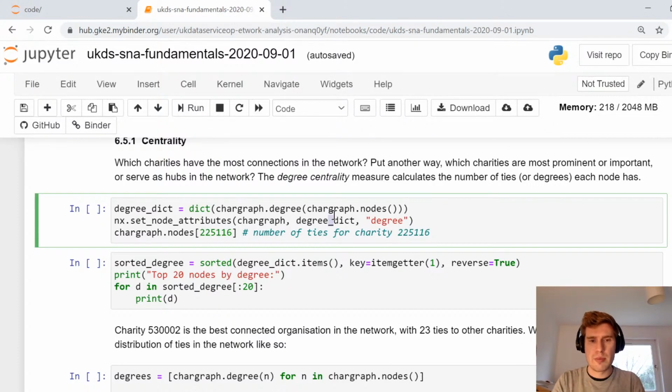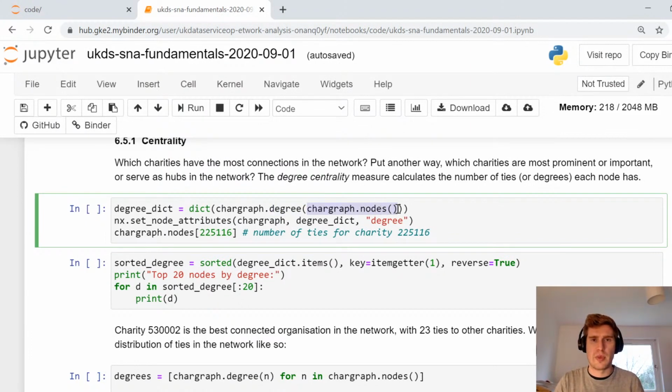Basically there's a tiny bit more code needed to pull out the degree measure. I have my network data here, which I've called char graph. Helpfully it's got a degree method, so it's like, count all the connections of all the charities in my network. I feed that method all of the nodes.